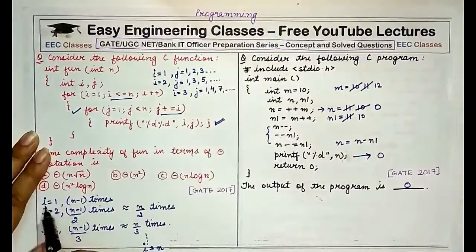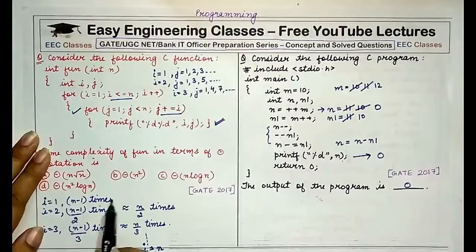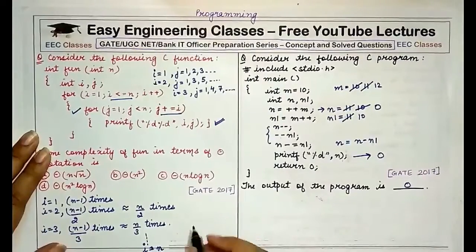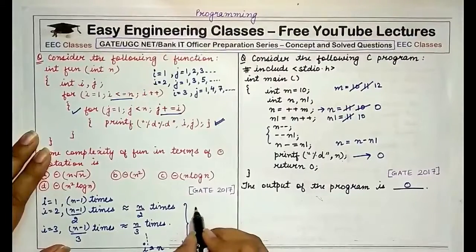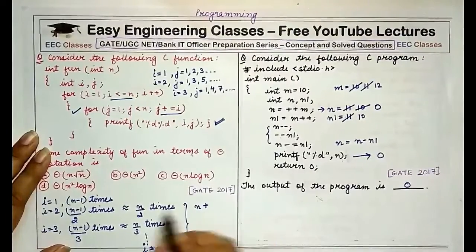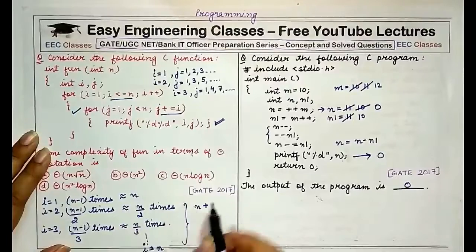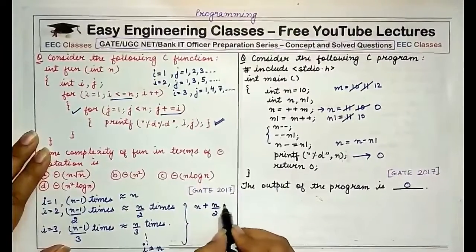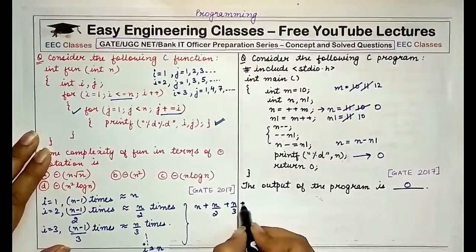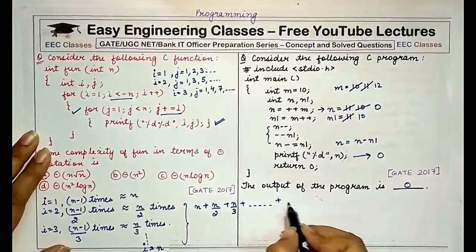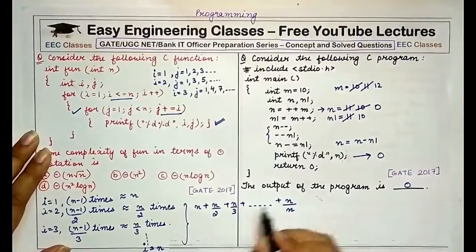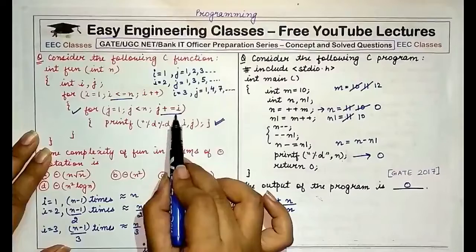In the first iteration j will be running n minus 1 times, plus for the second iteration n by 2 times, plus n by 3 times, and so on. I am approximating this to be n plus n by 2 plus n by 3 and so on, till I get an increment of n.